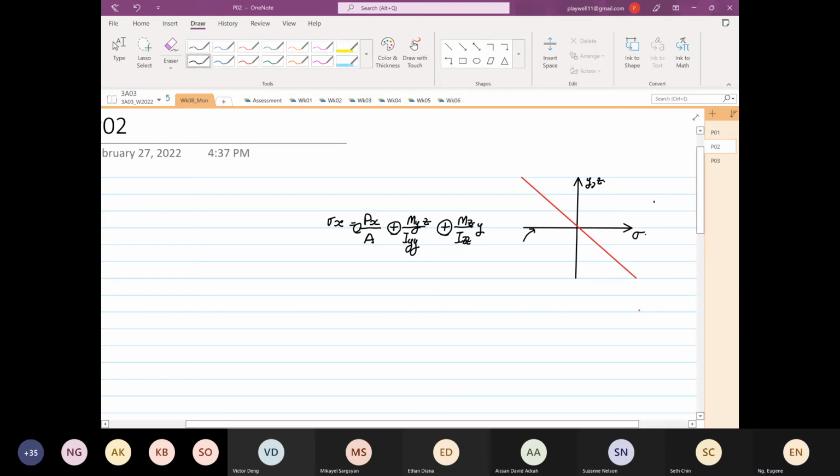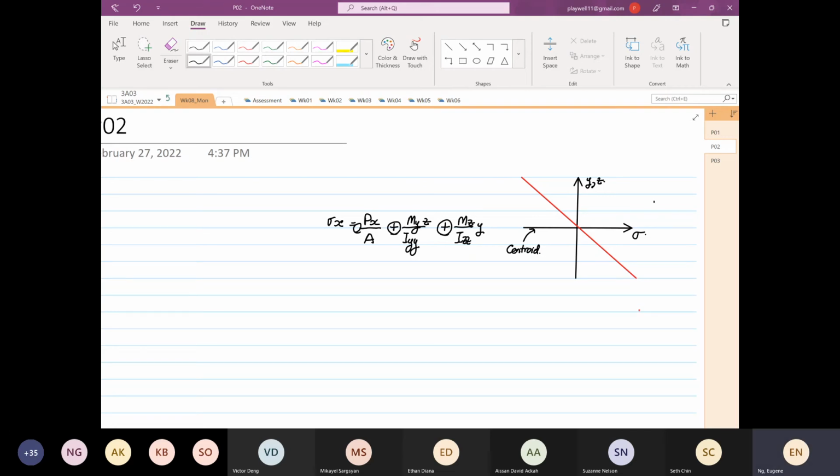I know that this has axial loading, so probably the centroid and the neutral axis are not at the same point. So that's our distribution.